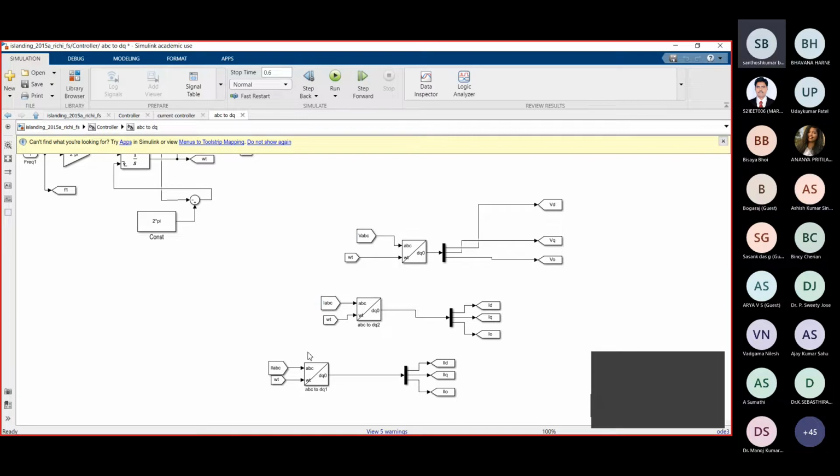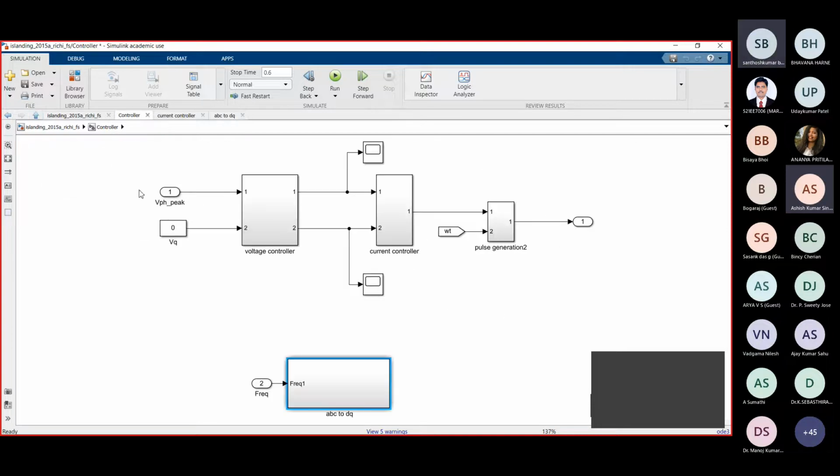Similarly, here we are using ILABC also, because before the filter we are also sensing the current. So we are using total VABC, IABC and ILABC in the controller. From VABC I can get VD, VQ by using the ABC to DQ block. Similarly from IABC I can get ID, IQ, I0, and from ILABC I can get ILD, ILQ. Just remember all these things, then only you can understand the control law.